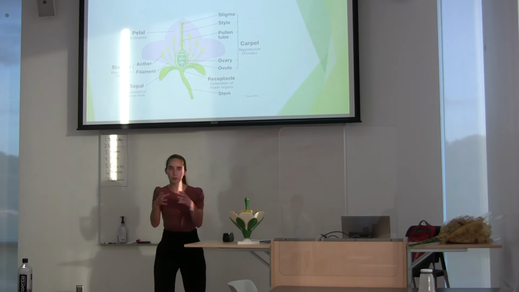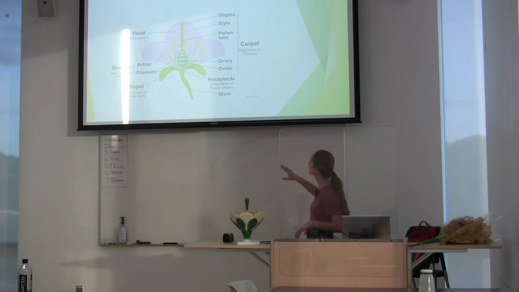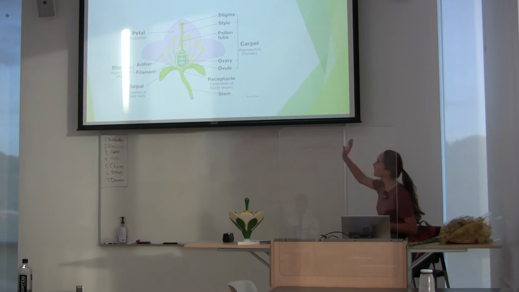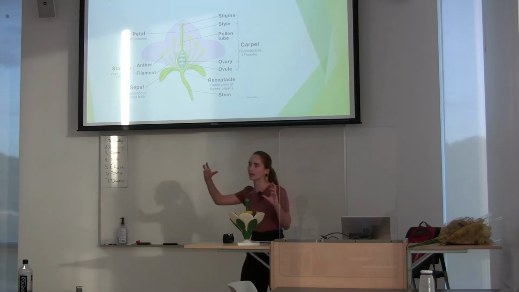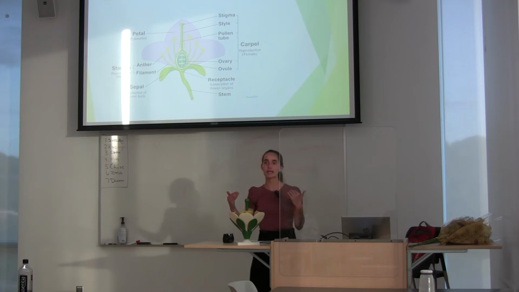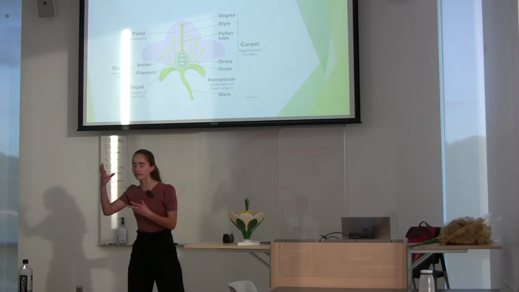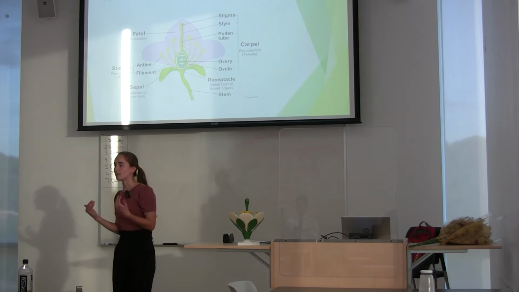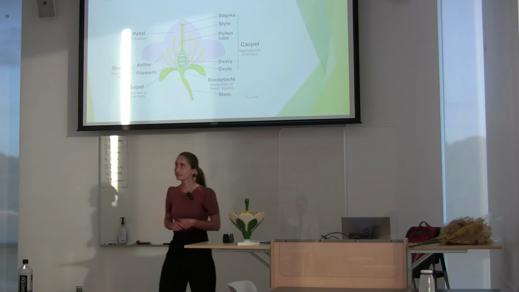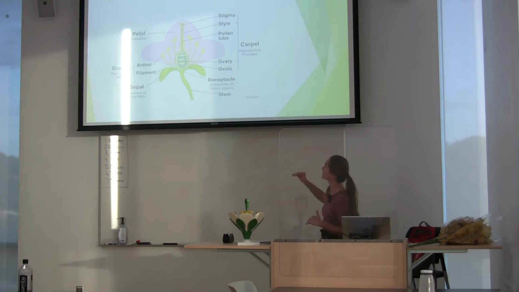The most important parts are the reproductive organs, which are divided into the female and the male. The male part, the large term that refers to all of it, is the stamen. It's broken up into the filament, which is like the stem part, and the anther, where the pollen is produced. The female part is the carpel.